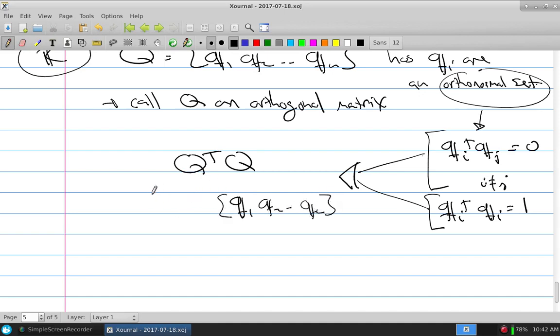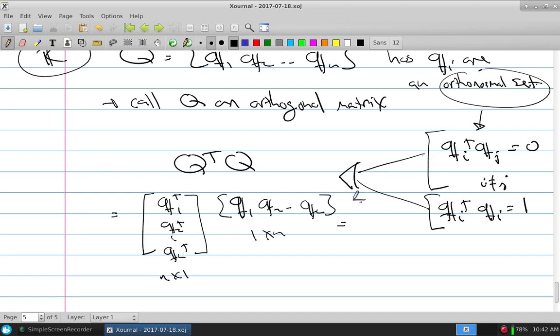And this here would be Q1 transpose, and then Q2 transpose down to Qn transpose. And so this is n by 1, and this is 1 by n, so it's going to spit out an n by n.